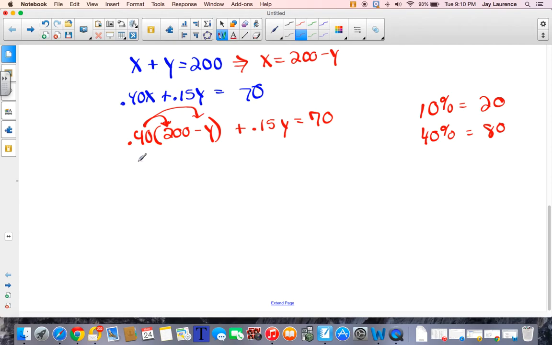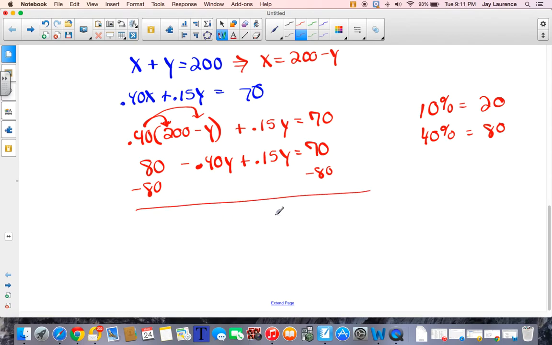So 80 minus 0.40y plus 0.15y equals 70. I'm going to subtract 80 from both sides, and at the same time, I'm going to combine like terms. So the right-hand side is going to become negative 10, and the left-hand side, I think, is going to be negative 0.25y, right? 40 minus 15. Okay, now 0.25 is the same as a fourth.